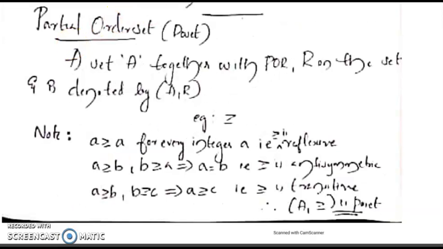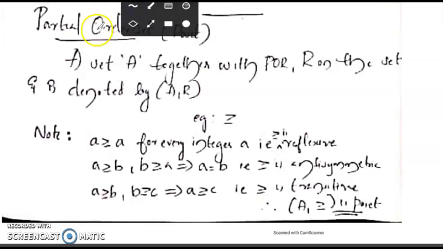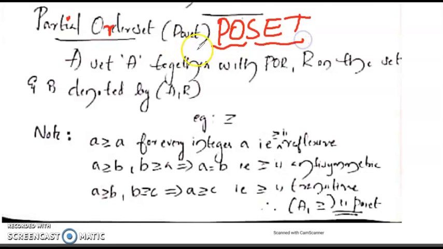Next definition, partially ordered set. What is a partially ordered set? A partially ordered set, or we call it a poset.